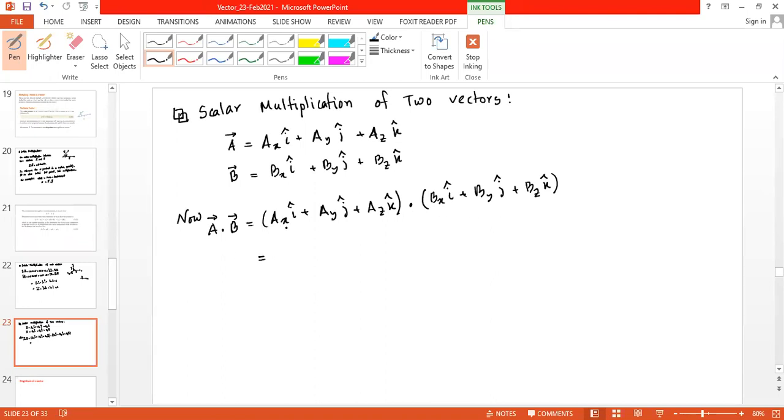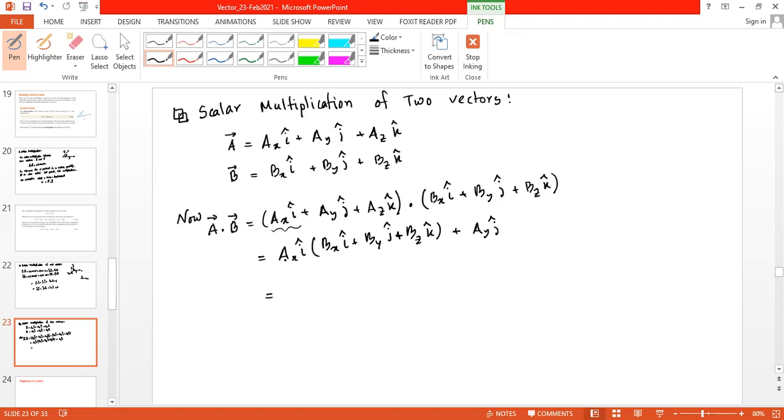In this case, at first I have to multiply the first term with all of them, that is Ax i multiplied by (Bx i plus By j plus Bz k), and then plus the same thing for Ay j multiplied by this one. I'll do this one later maybe.